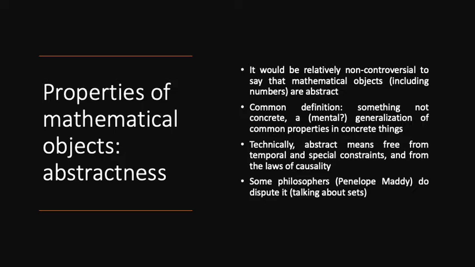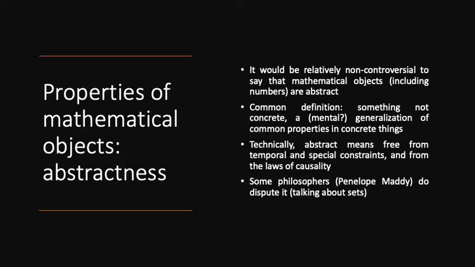It's outside of the space-time continuum. Also, it's independent from the laws of causality. That is, there is no power that could change, that could force, that could cause the number 4 to stop being the number 4. So numbers are independent of time and space, and they're independent of the laws of cause and effect.